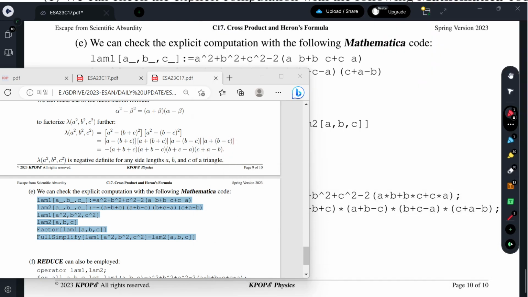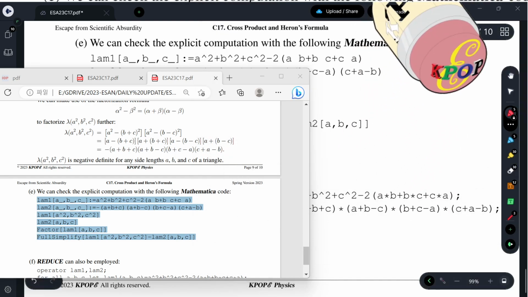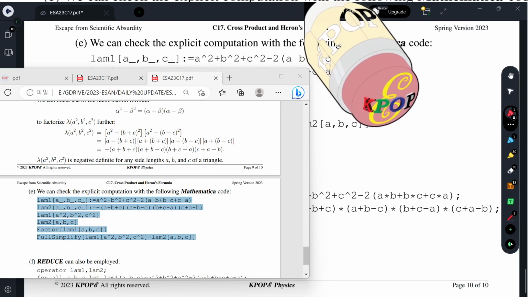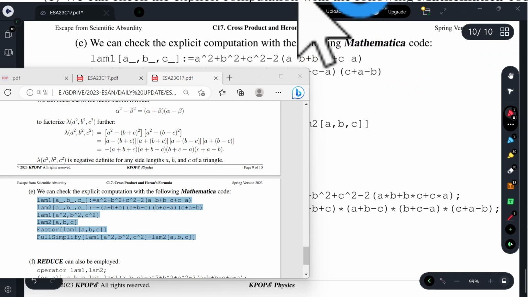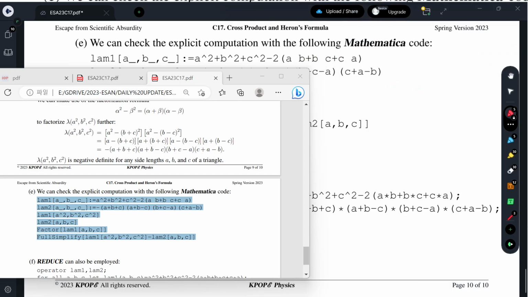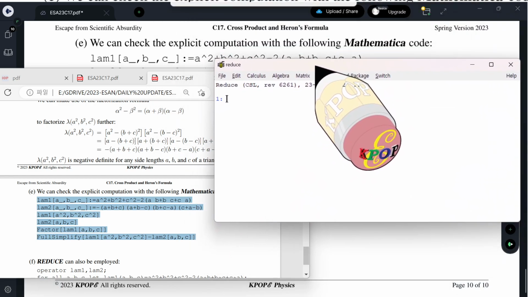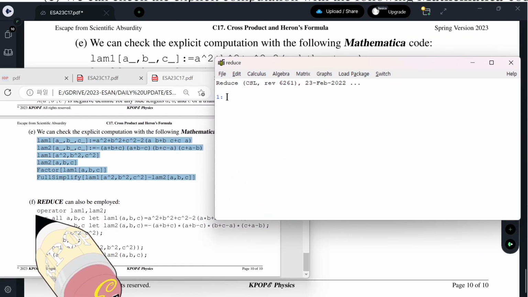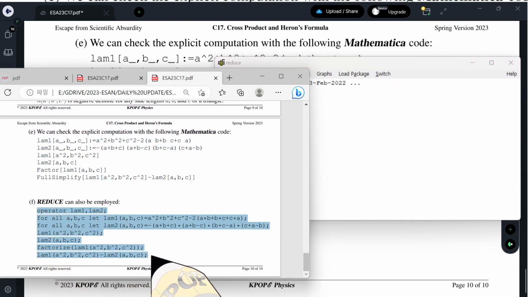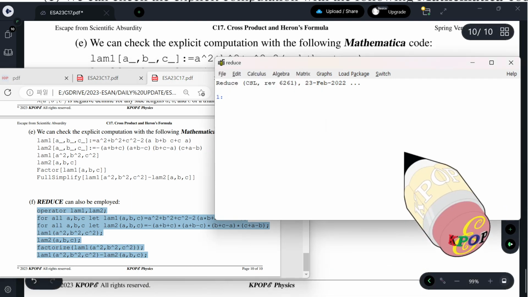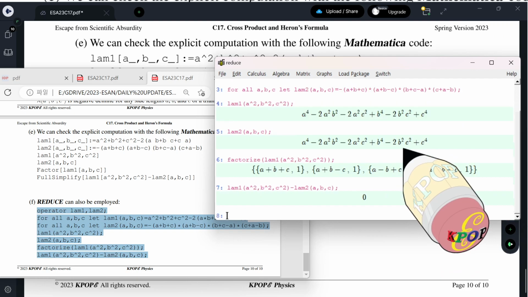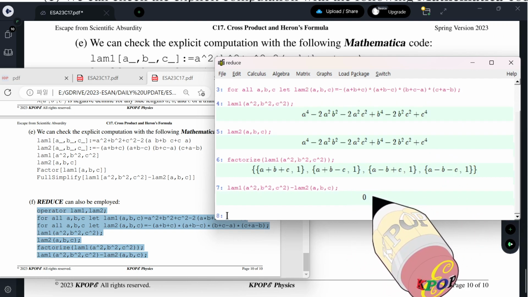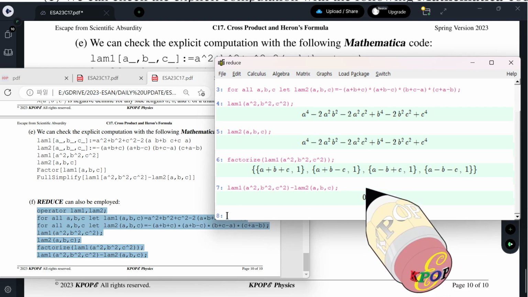You also want to make use of Reduce. So launch the Reduce session and copy the Reduce program, Control C and Control V, enter. You find the subtraction gives a 0.